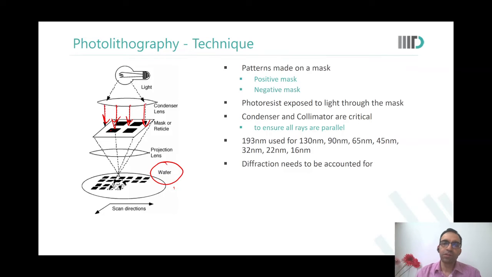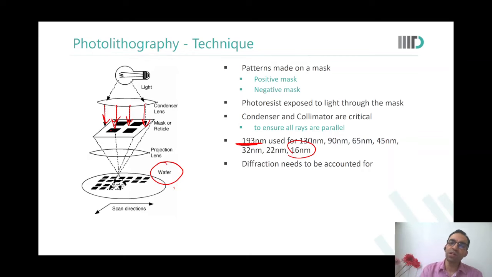Okay. So as I mentioned, 193 nanometer light has been used for all these technologies. People have even tried 16 nanometer with 193 nanometer light. There is lots of diffraction, lots of things that come into the picture, but people have even manufactured 16 nanometer chips with 193 nanometer light.